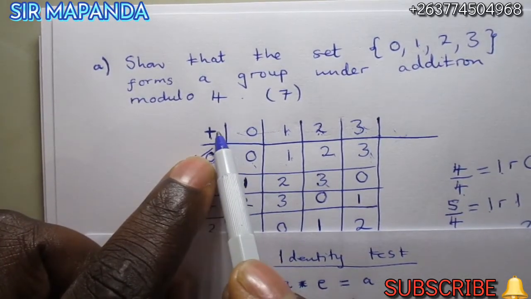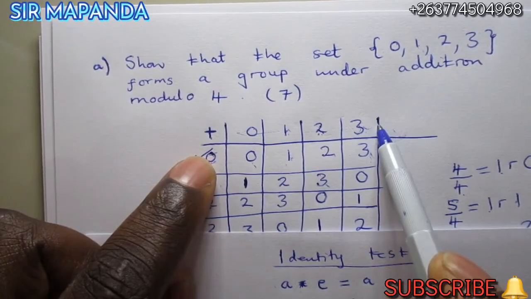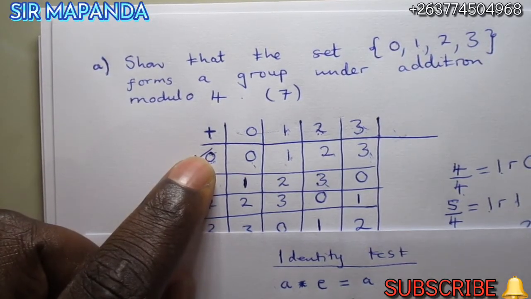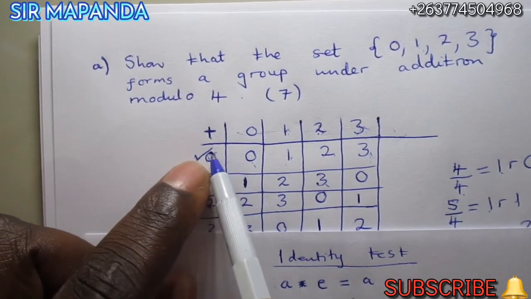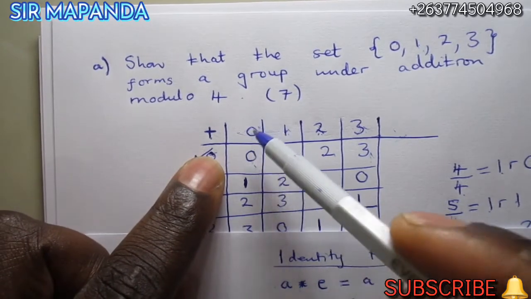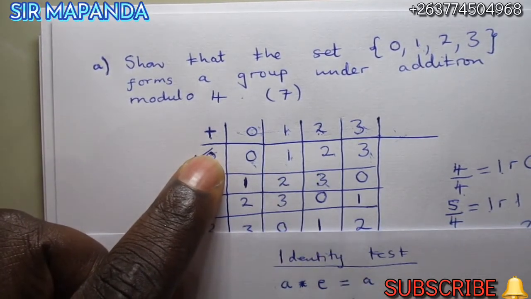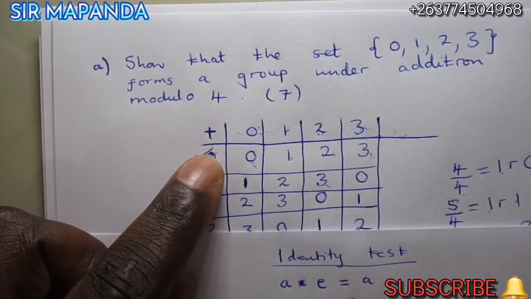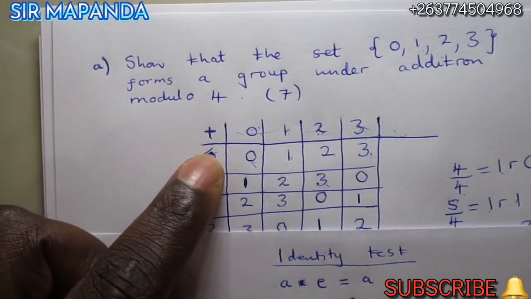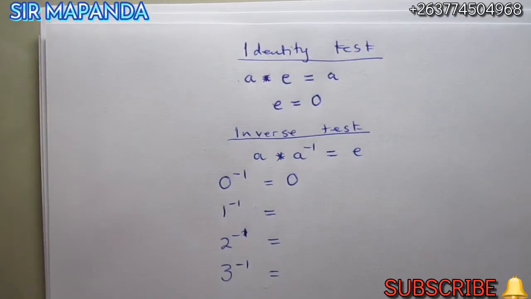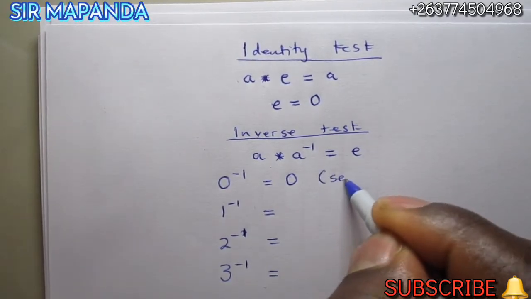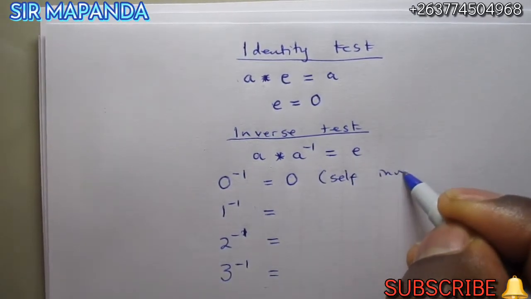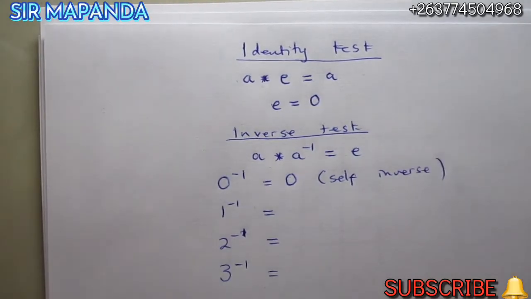So the number on the top row aligned to 0 is your inverse. So the inverse of this 0 is 0, because this 0 is aligned to this 0. I hope you are following. So my answer is 0. If the inverse of 0 is 0, we refer to this as self-inverse. This is what we call self-inverse. I hope you are following.